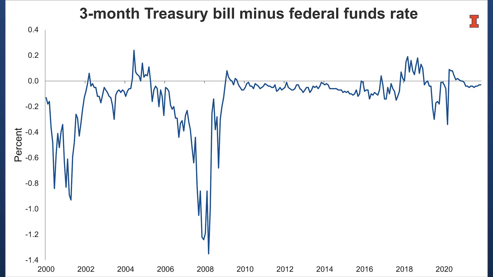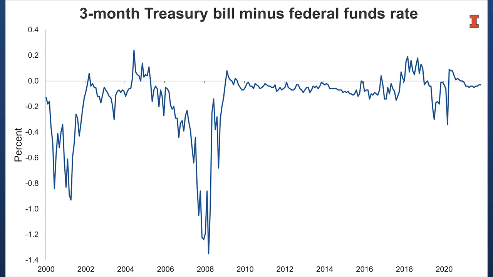Let's compare the yield, that is the rate of return, on 3 months Treasury bills and the federal funds rate. The graph shows that the difference between the two is close to zero. This means that the yield on 3 months Treasury bills moves almost one-to-one with the federal funds rate.